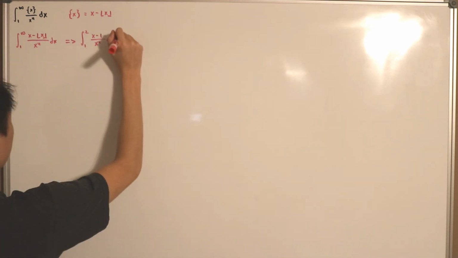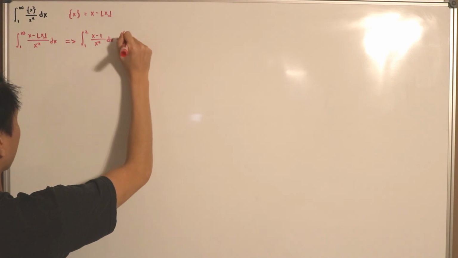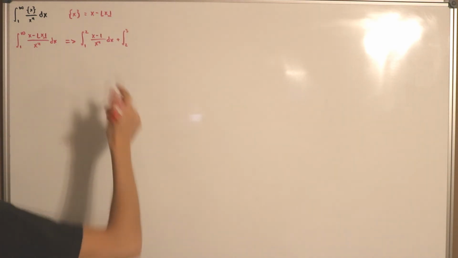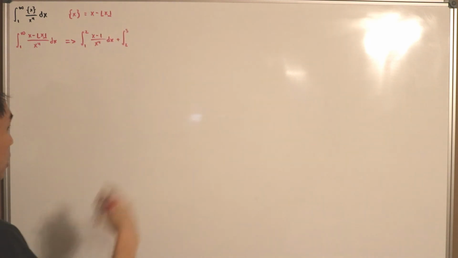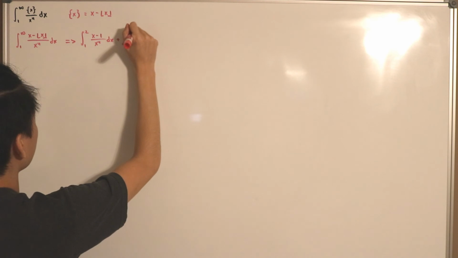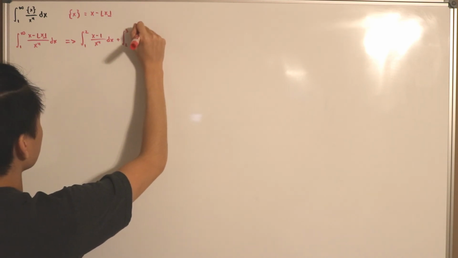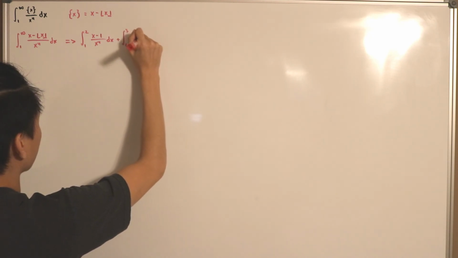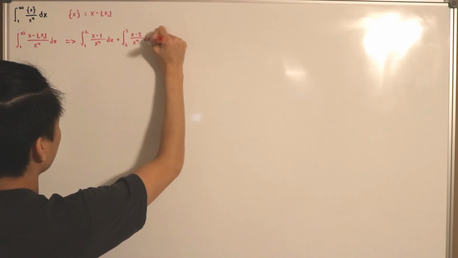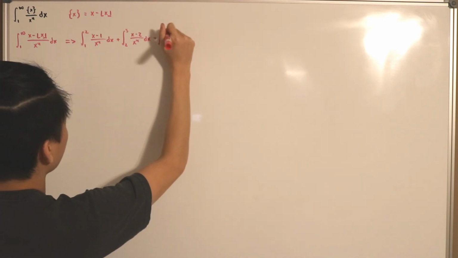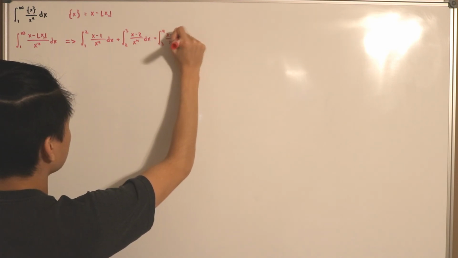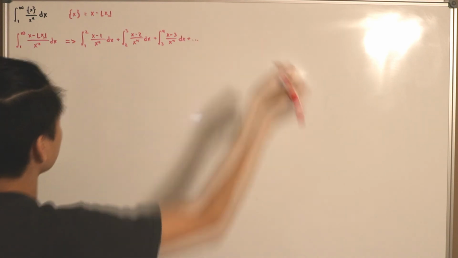And then plus, we work our way from 2 to 3. Choose any x in the interval 2 to 3, take the floor function, and it'll always be 2. So I can replace it with x minus 2 divided by x to the 4th dx, and then do it again from 3 to 4. Then I would have x minus 3 divided by x to the 4th dx, and so on and so forth.